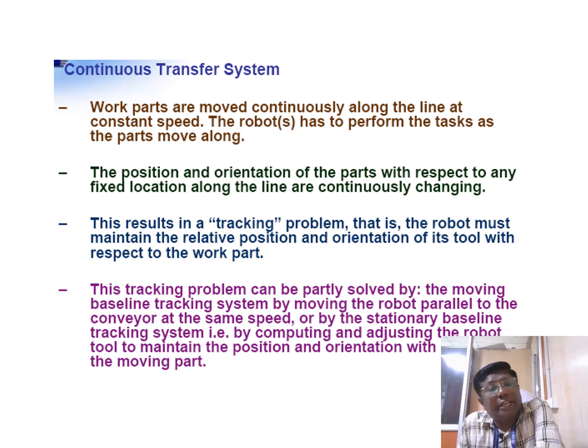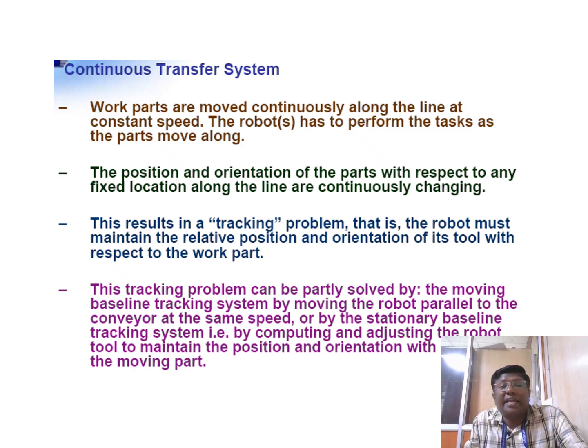When it reaches the required location, the operation has to be carried out by the robot, and the part moves on to another location at 10 meters per second. So continuously the parts are moving, and accordingly the robot has to perform. The position and orientation of the robot with respect to any fixed location are continuously changing. There will not be any fixed one.